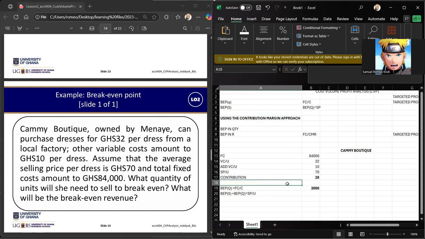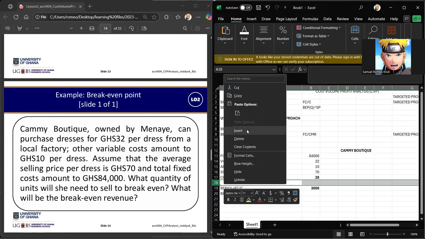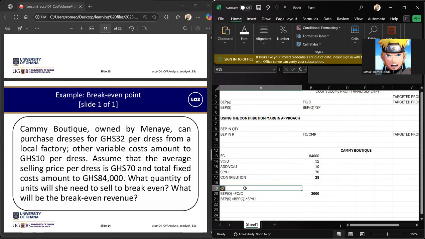So let me shift it down. Here we are using the equation approach.